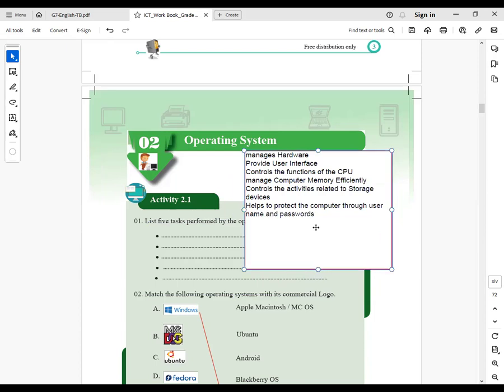Files and folders. It provides the files and folders service. So it is a service provided by the operating system, files and folders.